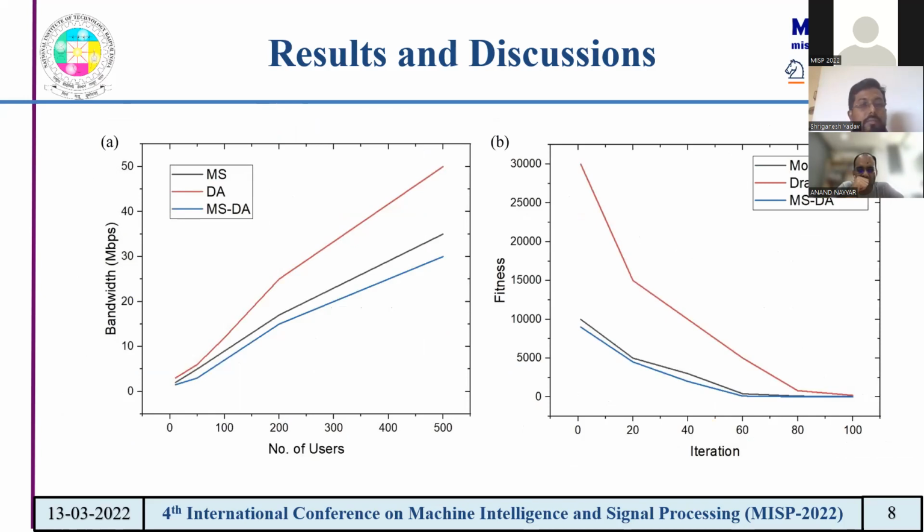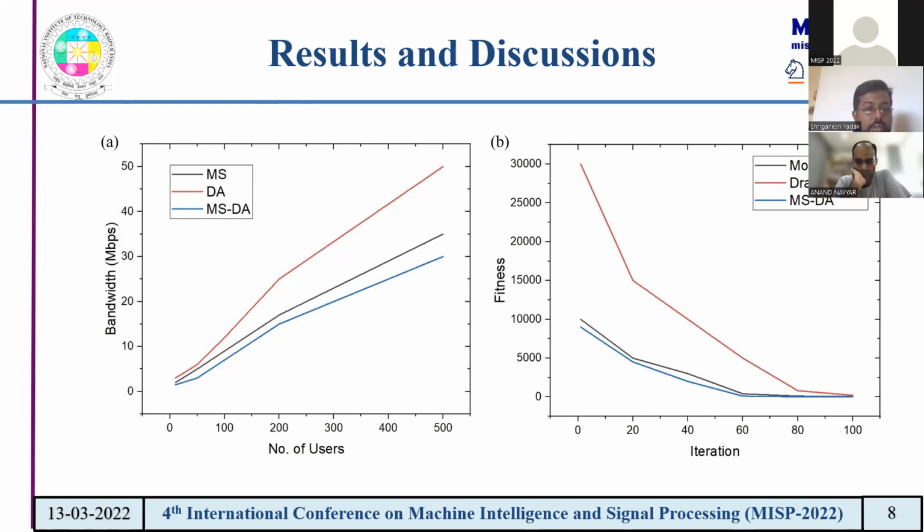In this result discussion, the first one is bandwidth and number of users. As the number of users increases, the bandwidth requirement in Mbps is also increasing for all, which is obvious, but MSA-DA still has a lot of free bandwidth, because it is consuming just around 30 Mbps for around 500 users.